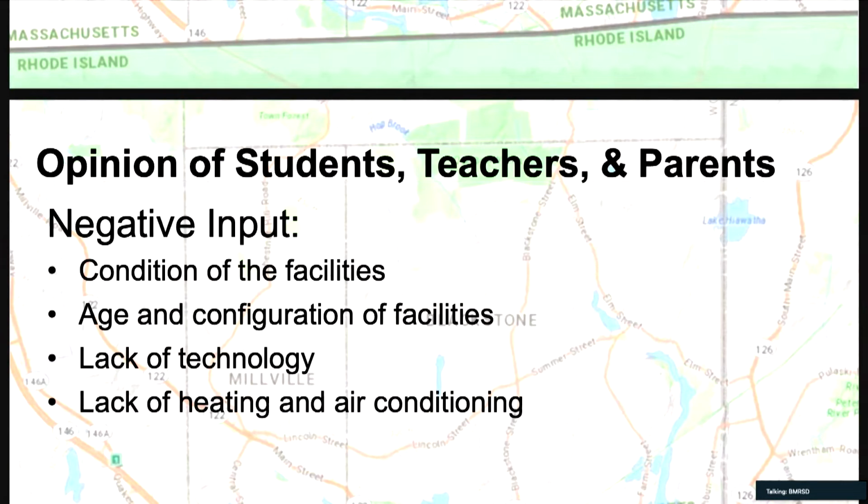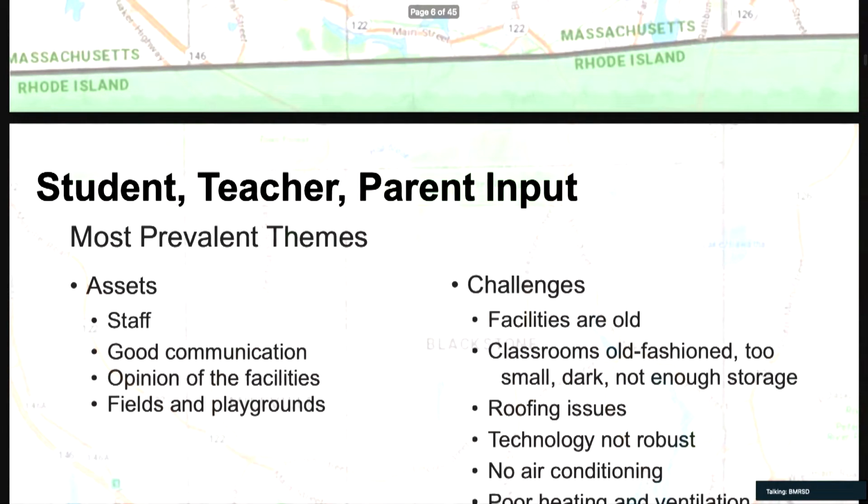The negative input was the condition of the facilities, the age and configuration of the facilities, the lack of technology, lack of heating, lack of air conditioning. So the downside, almost consistently through the district, was the physical nature of the buildings and how they did or did not work.